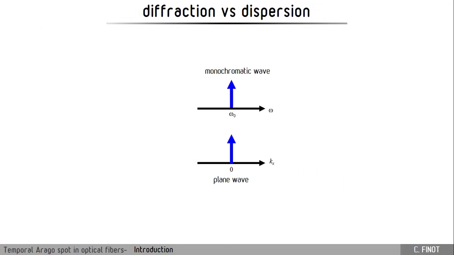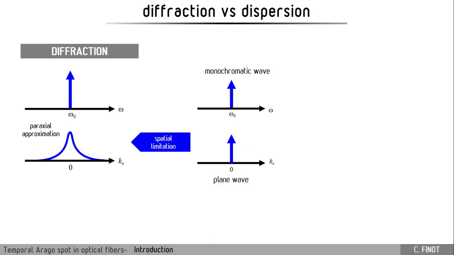So now let me explain the analogy that can be drawn between diffraction and dispersion. Imagine you start from the easiest wave that we have, a monochromatic plane wave, so a single frequency, and in the Fourier space just one component of the spatial frequencies.